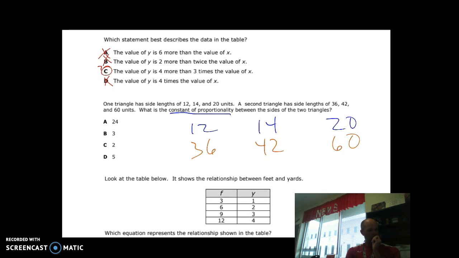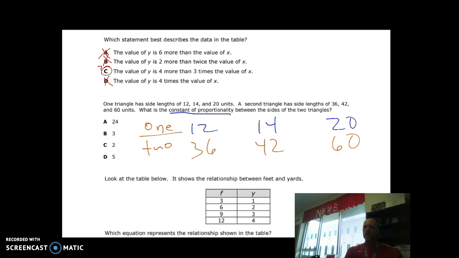What do y'all see that's happening? I see constant multiplying by... This is 1. This is 2. It's increasing, obviously, but by what? 2 is increasing by 6?